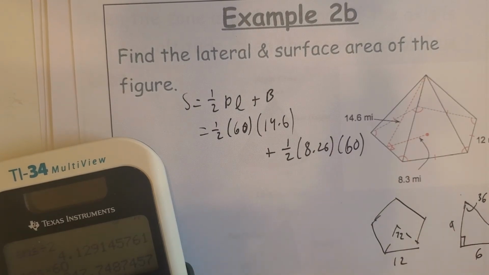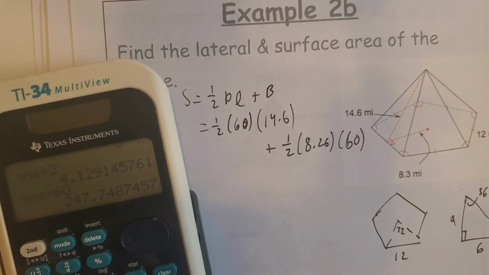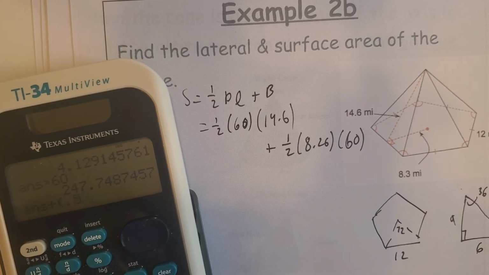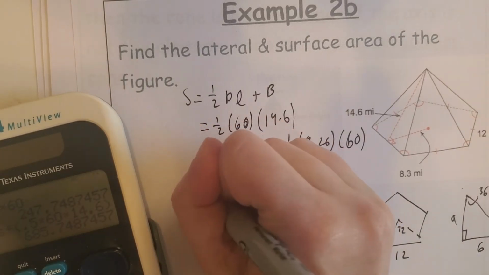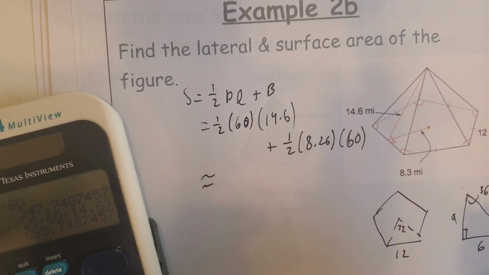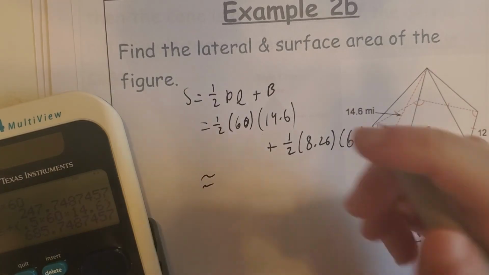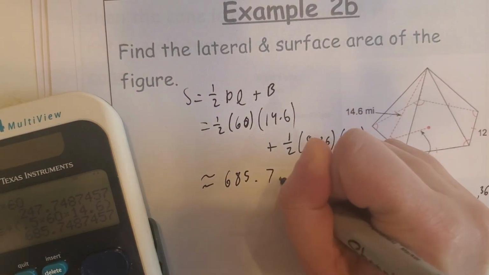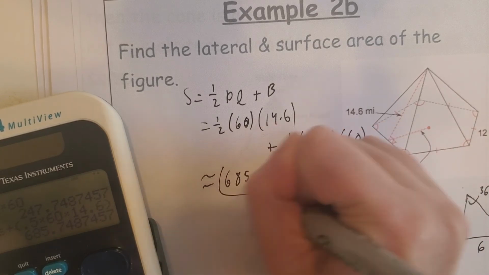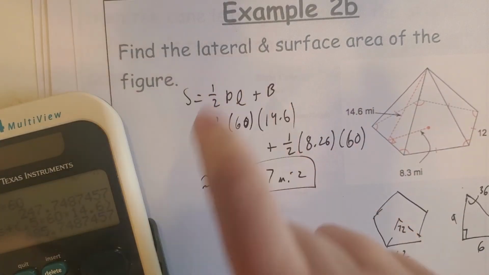We'll keep rounding to the nearest tenth just for consistency's sake. So this is plus, in parentheses, 0.5 times 60 times 14.6. The whole surface area is approximately 685.7 miles squared.